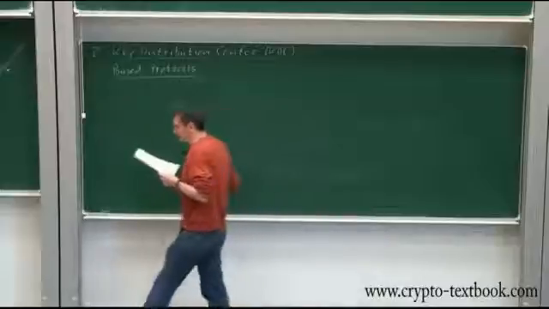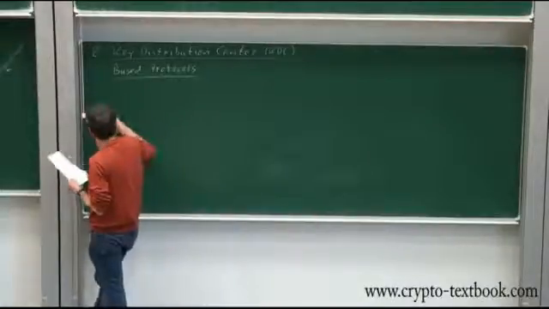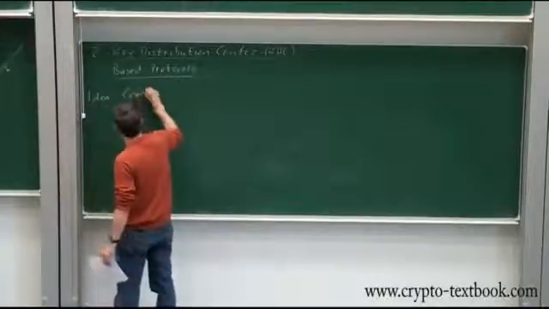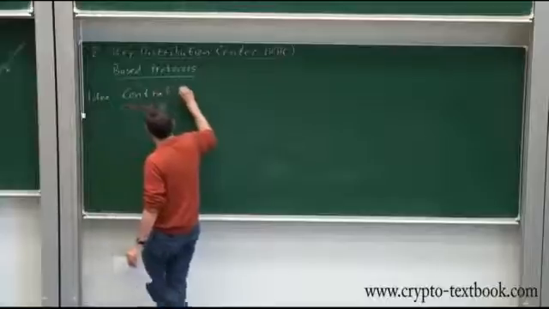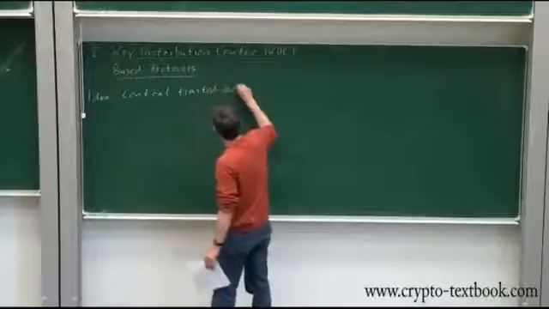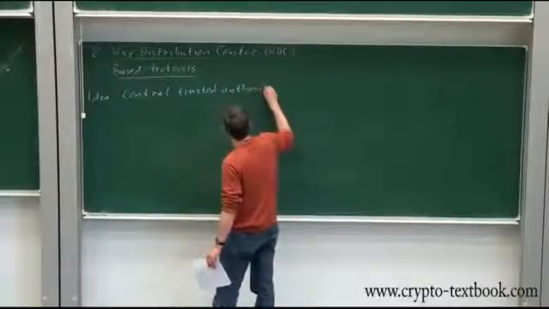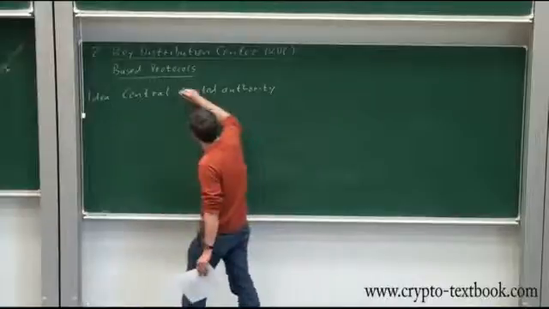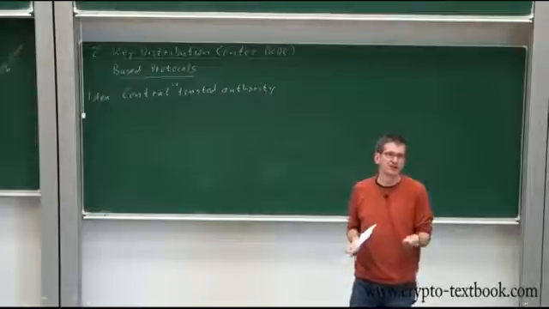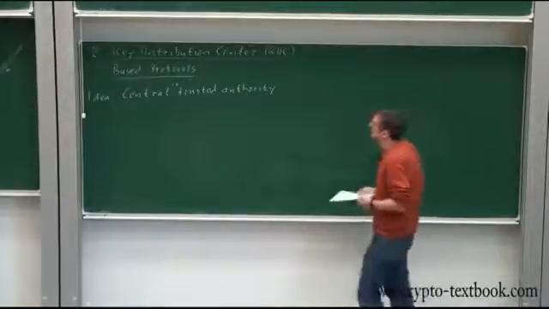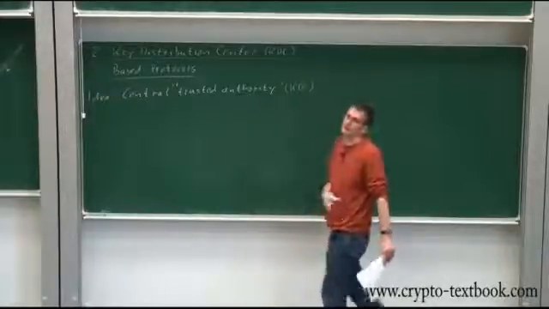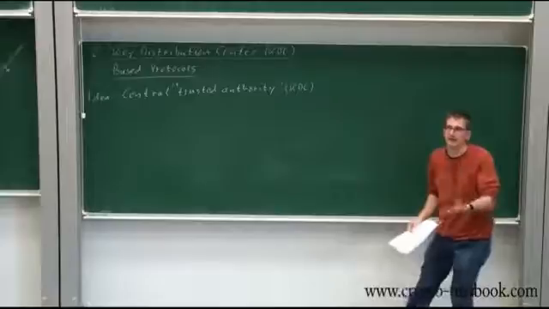So what is the idea here? The idea is we have a central trusted authority. Maybe you put that in quotation marks. It's somewhat of a fixed terminology, trusted authority, which for this protocol is called the KDC, but KDC acts as a trusted authority.